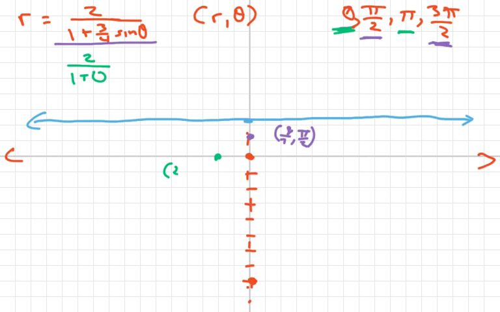So this would be 2 comma pi. That's this length. And at 0, you go over 2 this way. Alright? Now, I'm going to connect the vertices and just connect everything. There's your ellipse. Sorry it looks funny, but that's as good as I can go.